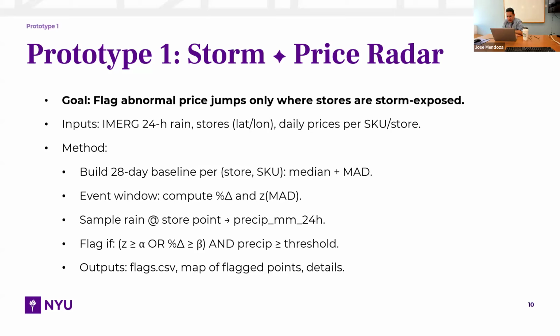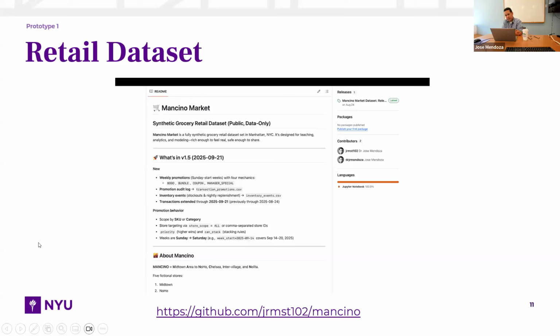And what it does is create a flag if the prices exceed the threshold, but also if the precipitation exceeds the threshold. Then after that, you develop and create a map with the points that are flagged for you to look at. So to facilitate this process, I'm making this available.